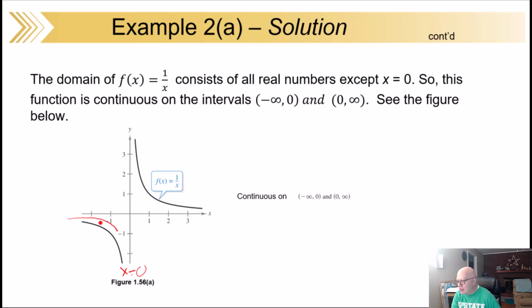In other words, if you're graphing this, you're going to have to make a big jump to go up here and continue graphing your function. X equals 0 is where it's not continuous. Or another way of putting that is, it's continuous from -infinity to 0. Jump over the 0. It's continuous from 0 to positive infinity.